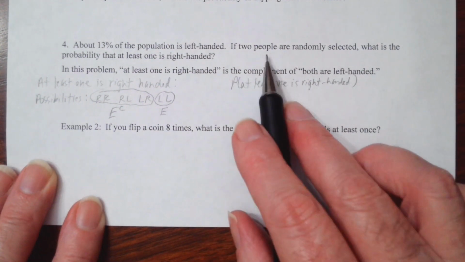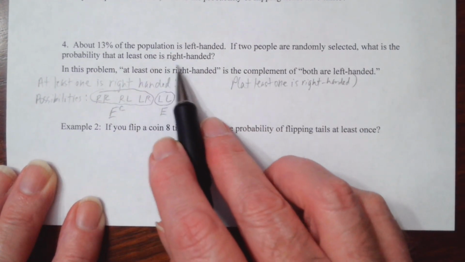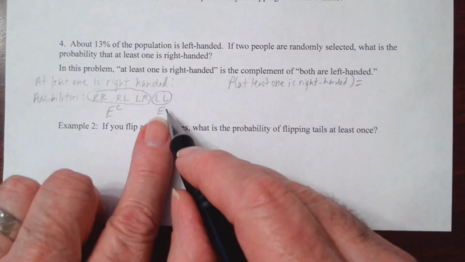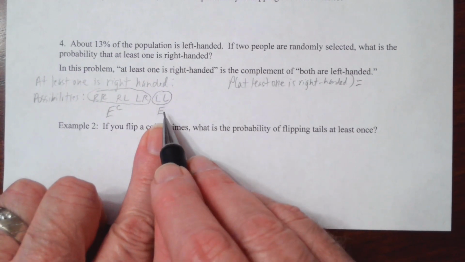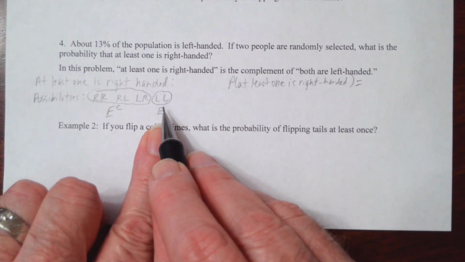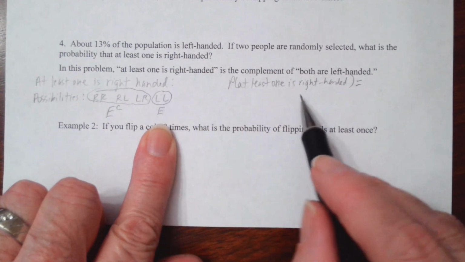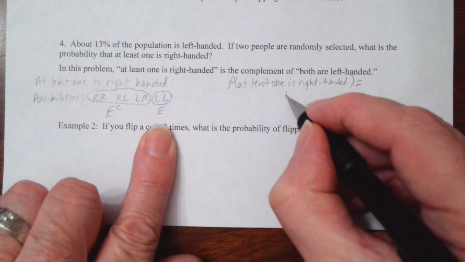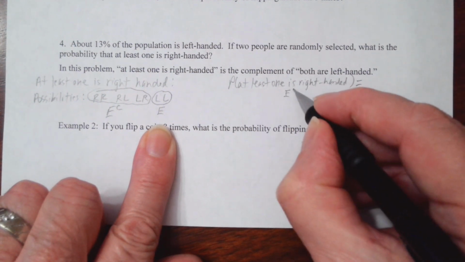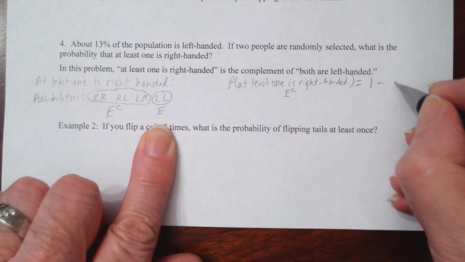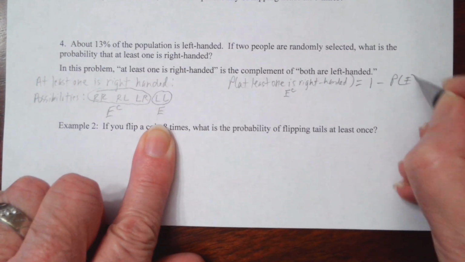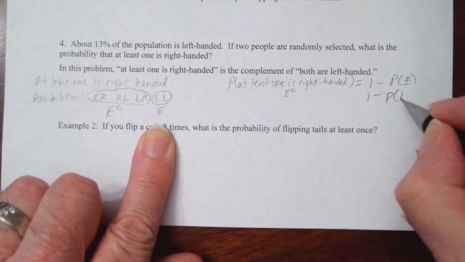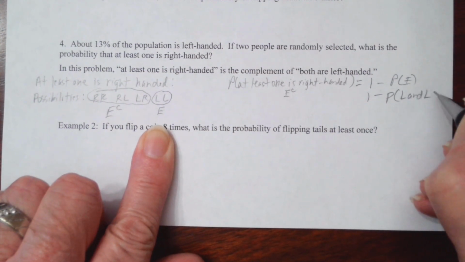And so what is the probability that at least one is right-handed? Well, it's going to be 1 minus the probability of E, where E is the event that they're both left-handed, so L and L.